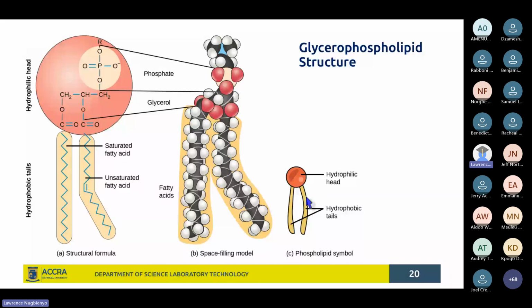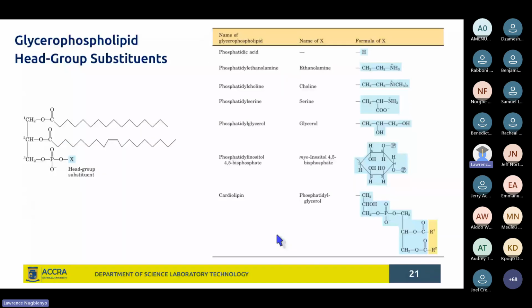So you do see representations of these things in writing, like a circle with two legs under it. All right. So that's the structure of the glycerophospholipid in detail.